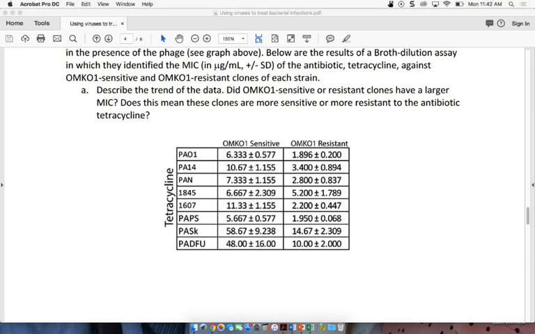The idea is, what if we can tailor what mutations are going to happen? What if we can select for mutations that make the bacteria more sensitive to either an environmental condition or an antibiotic, so that we can use the antibiotic and the phage together in synergy to kill the microorganism? That's the design behind this.